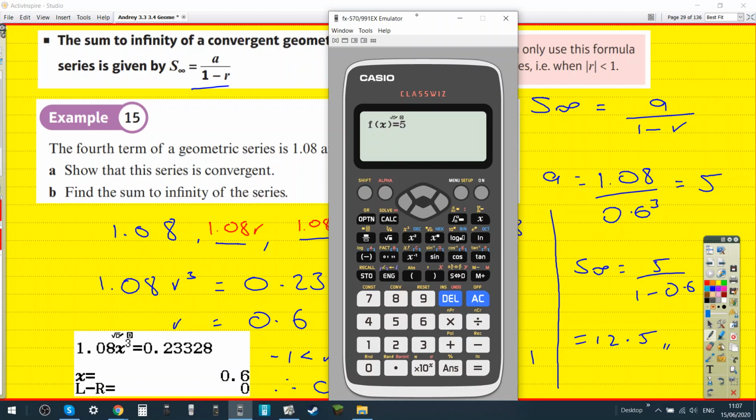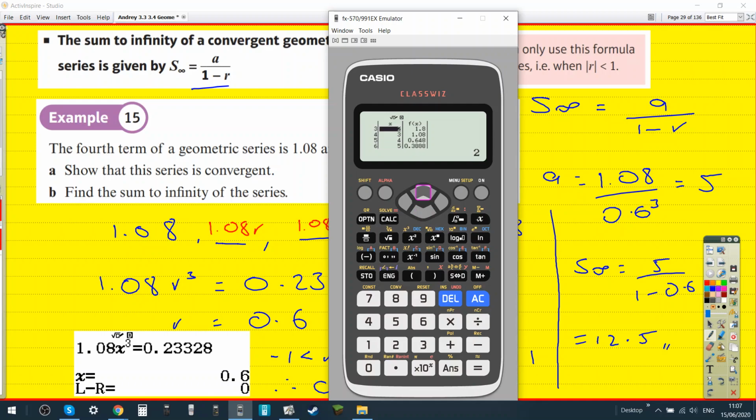Oh, I'm just trying to make the equation of it. Yeah, 5 times 1.0. No, sorry, 0.6 to the power of x. I'm going to start x from 0, go to 10. And so the fourth term was 1.08.